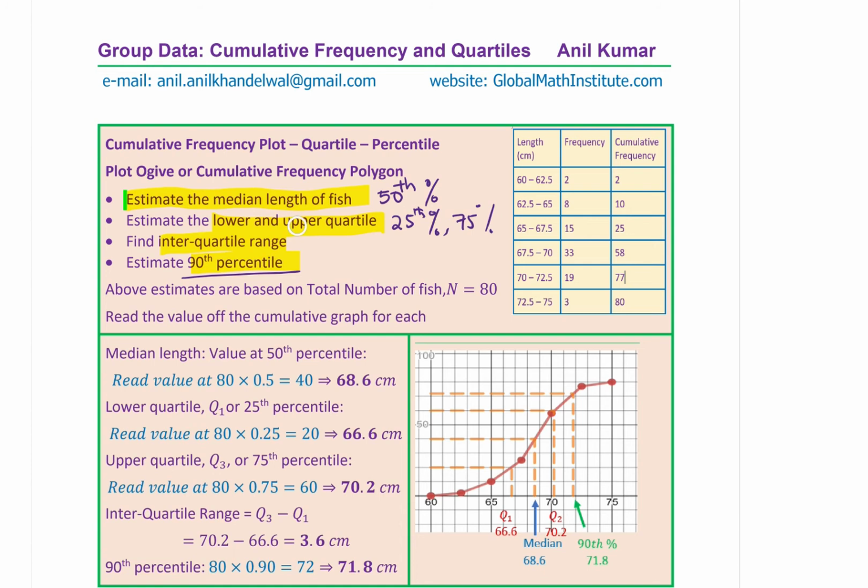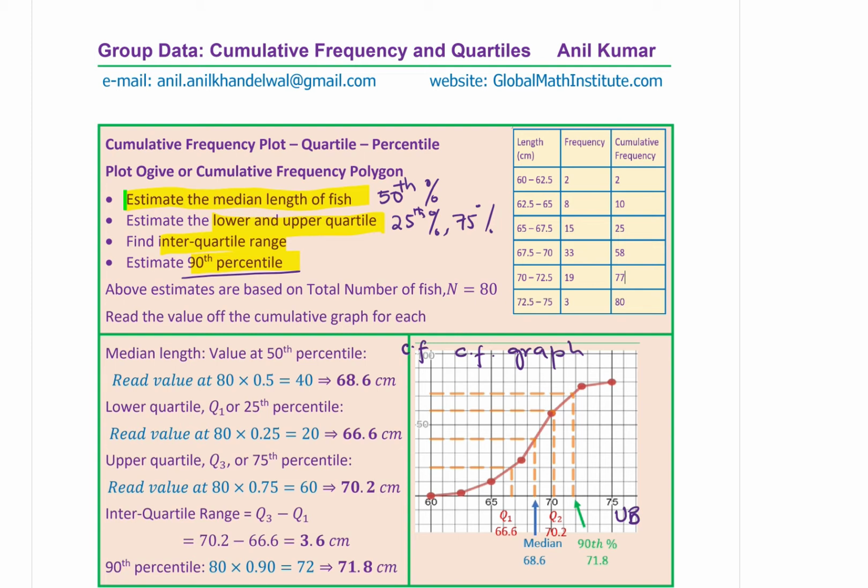In all our calculations, we'll be using the given data where we already found the cumulative frequency, and we have the cumulative frequency graph, which shows cumulative frequency versus the upper bound.